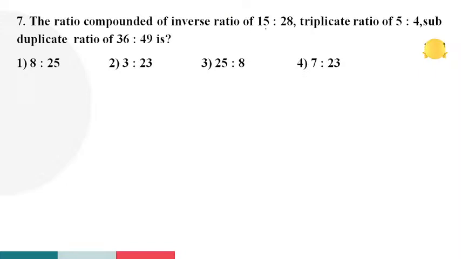Same model and numbers change. Inverse ratio of 15 is to 28 is 28 is to 15, reverse, right. Triplicate ratio of 5 is to 4 is 5 cube is to 4 cube. 5 cube is 125, 4 cube is 64.